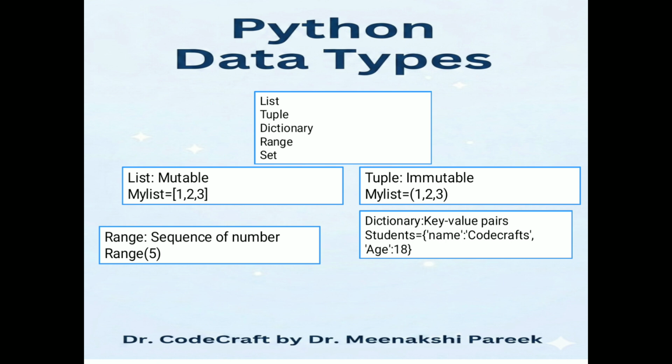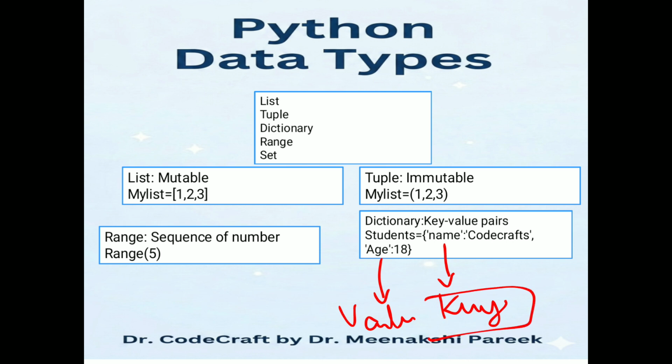So name represents the key and age represents the value. Name is a key and age is a value.